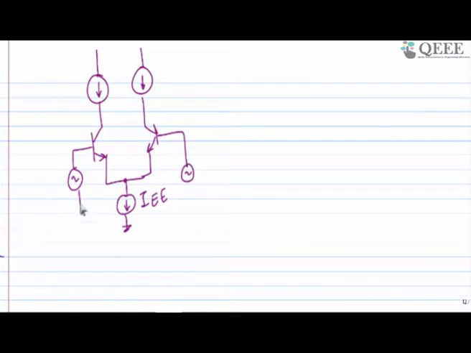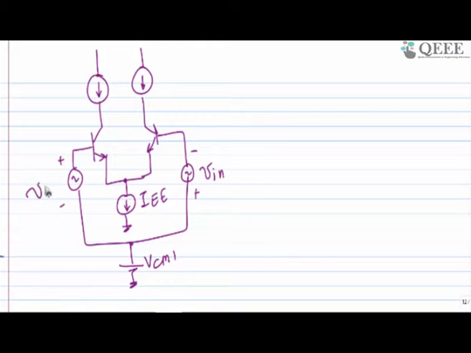This is VCM, the input voltage, this is Vin minus plus, this is Vin plus minus, this is VCC, and this is I0, and I'm taking the output from here. My agenda is to find the gain of this circuit.